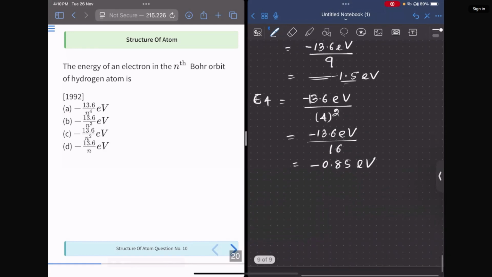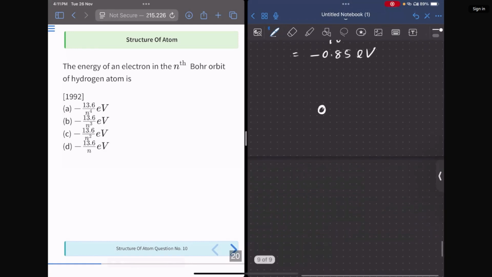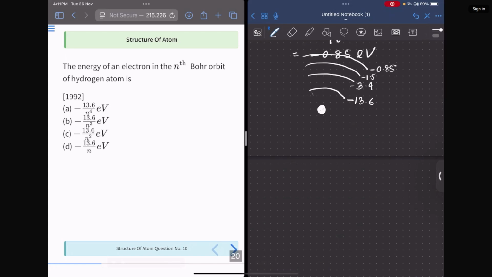So you have to remember the energy levels of the first 4 orbits. Here we can summarize: the nucleus, first orbit, second orbit, third orbit, and fourth orbit. First orbit energy is minus 13.6, then minus 3.4, minus 1.5, and minus 0.85. You have to remember this because sometimes it asks what is the energy released by the electron if it jumps from n equal to 3 to n equal to 1.